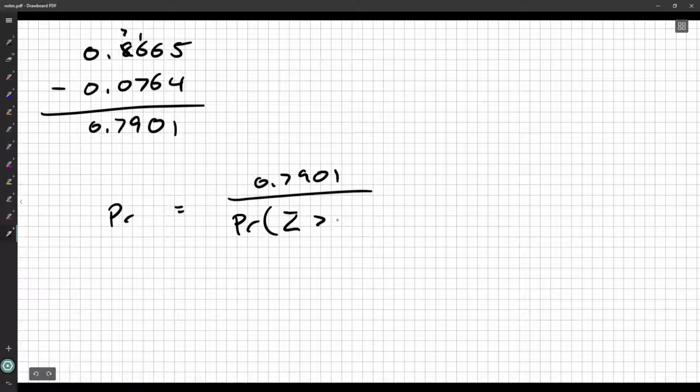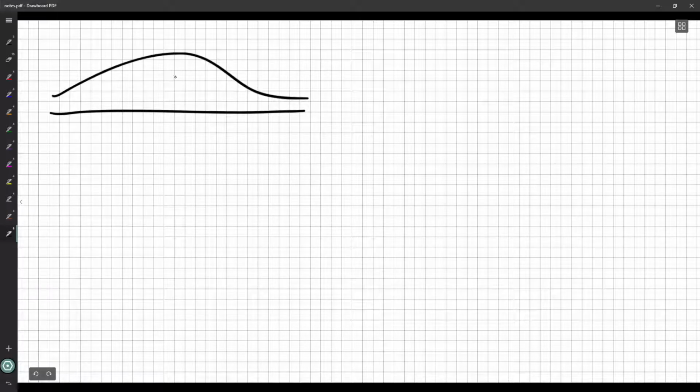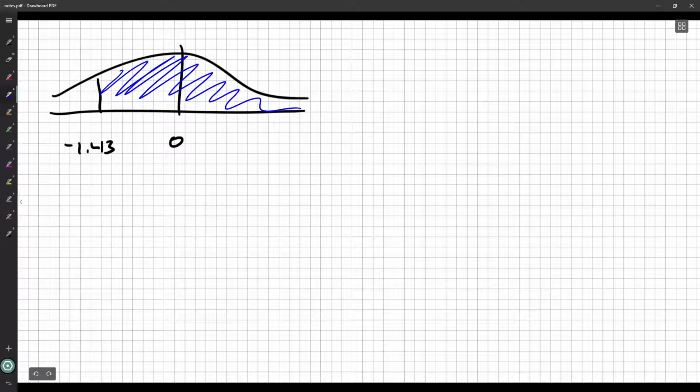We know that z is greater than negative 1.43. What is that probability? Well, again, we don't compare z to negative values in our table. So we draw a little picture to help us understand. Now we want greater, so that's the area all over here.